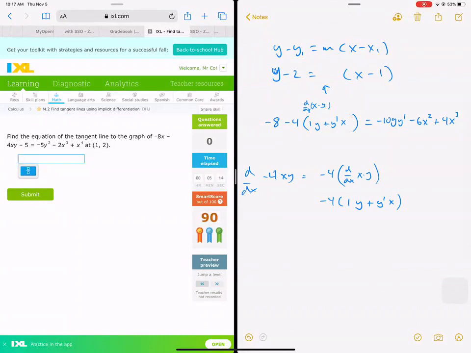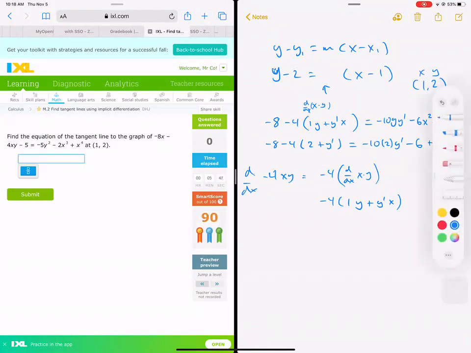Now from this point, we had a shortcut. We could solve for y prime, but the shortcut was to just go ahead and plug in x's and y's. So it's negative 8, negative 4 times (x and y, we said the point was 1 comma 2, so 2, plus y prime of 1), equals negative 10 times 2 y prime, minus 6 times 1 is 6, plus 4 times 1 is 4.